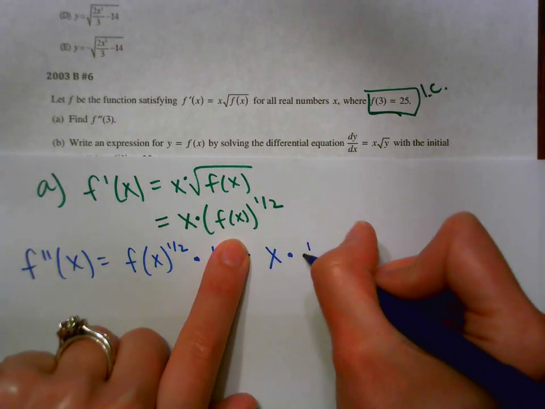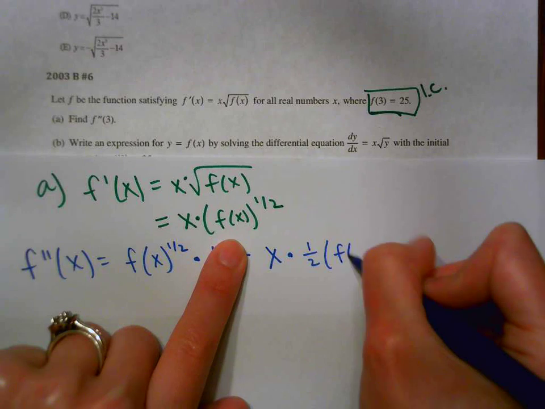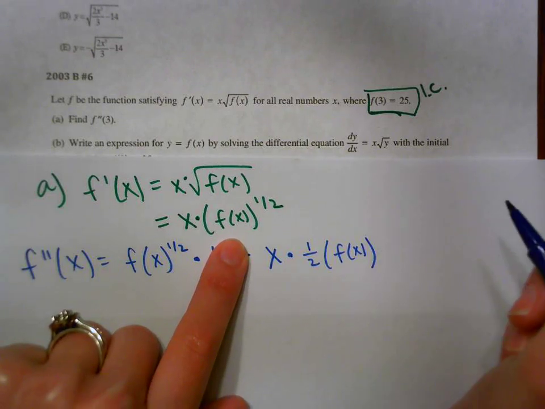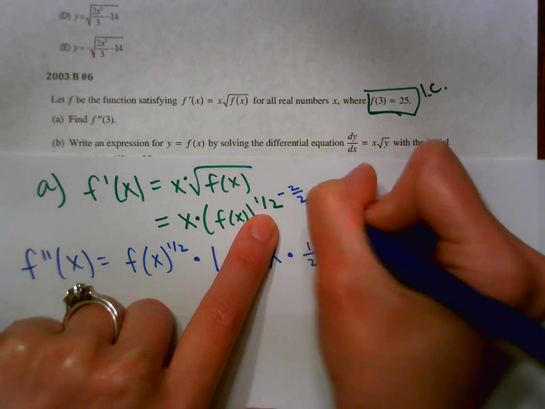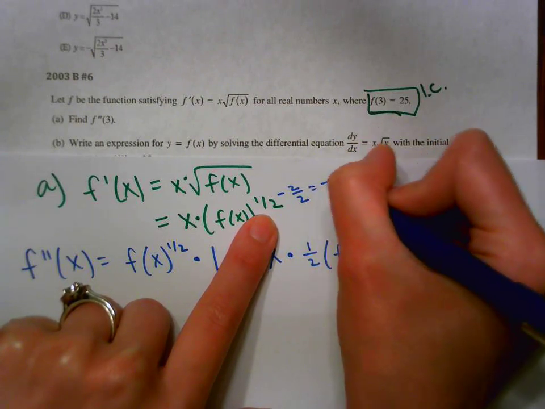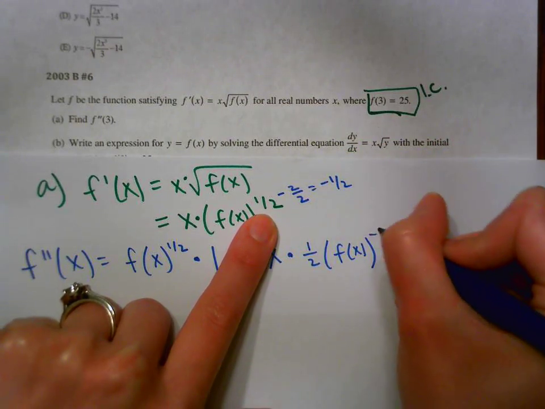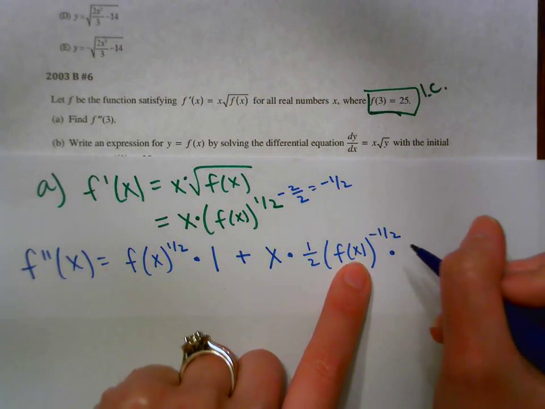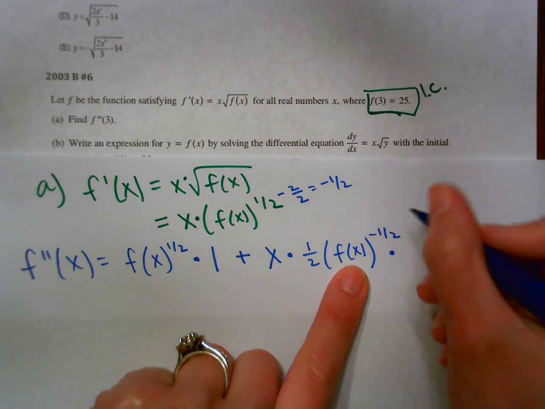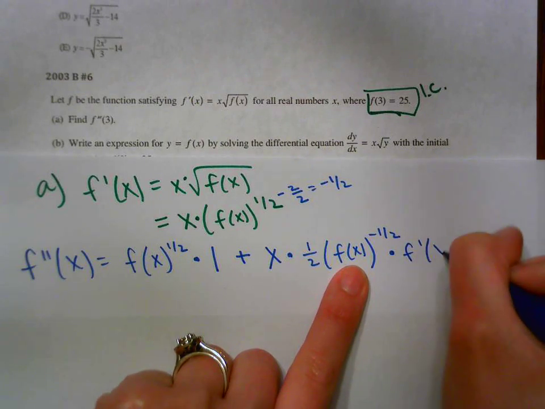So we bring the 1/2 to the front, keep the inside the same, f of x, to the power of subtract 1, which is subtracting 2 over 2, so negative 1/2. Then you have to do times the derivative of the inside, and the derivative of f is f prime.